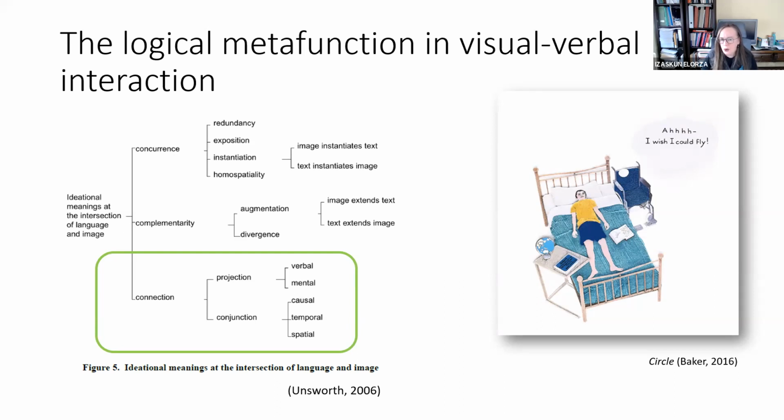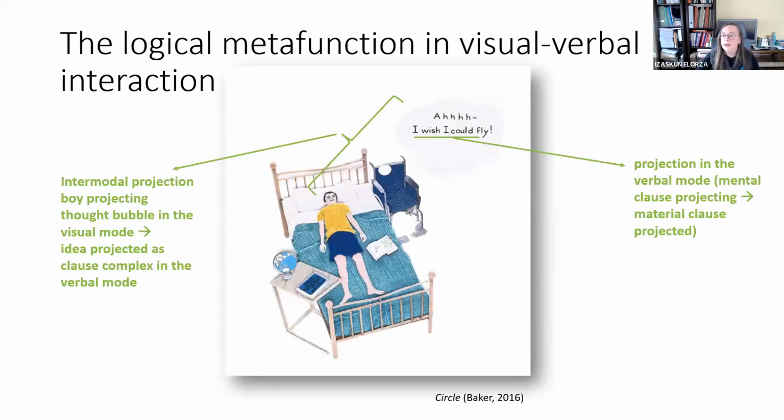This is happening in two ways. Well, this system network that I have taken from Len Unsworth talks about the connection in terms of projection or conjunction, looking into how the two modes intertwine in one way or another. So I'm just going to look into this example.